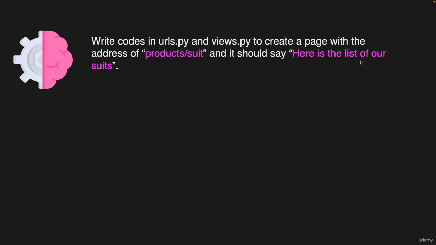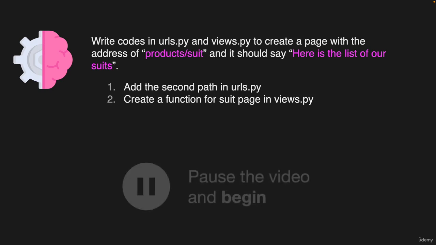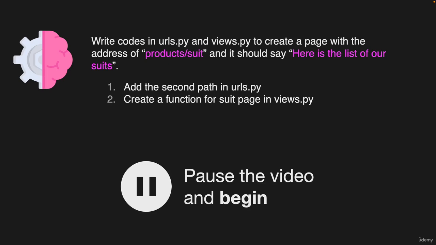For now, it should just show this sentence. The first step is to add the second path in the urls.py. The next step is to create a function for the suit page in views.py. It's a very simple practice, and I'm sure you can complete it. So pause the video and give it a go.